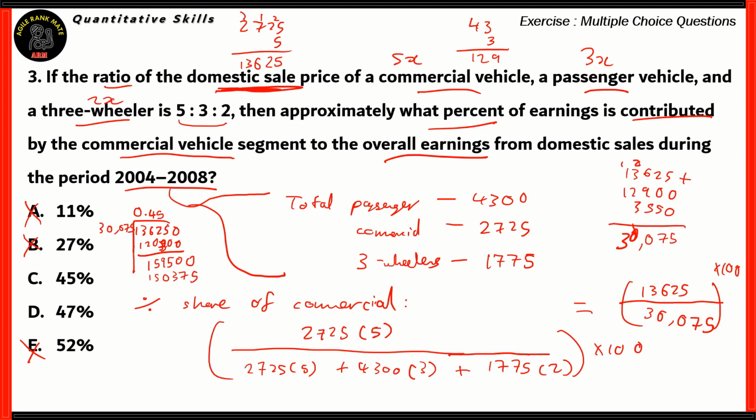So that's still smaller than the value that we need to subtract it from. So 0.45 would be correct. So 45% would be the approximate value of the commercial segment when it comes to overall earnings of domestic sales. So therefore option C is the right option.